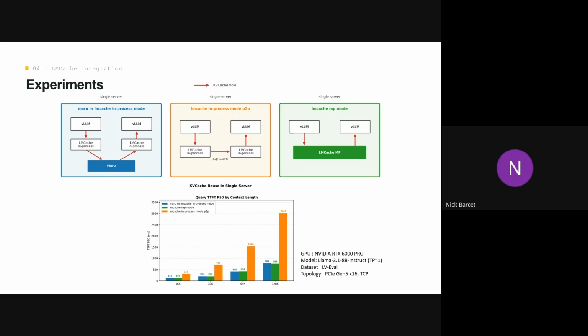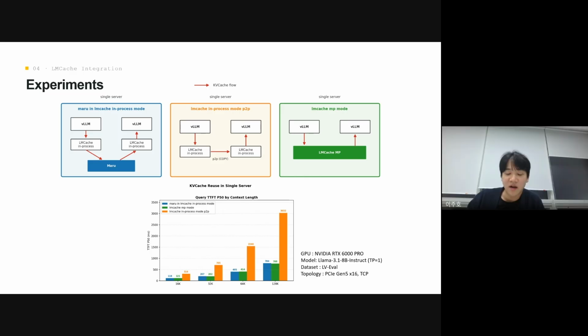And is Maru part of what you've submitted to LMCache, or do you have a separate project and you've submitted to LMCache the connection to Maru? So are you asking me, right? Yes, basically.